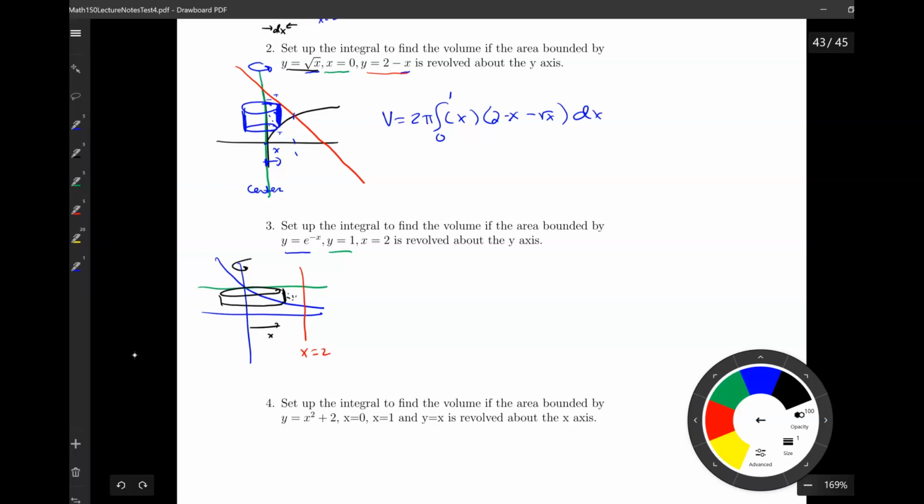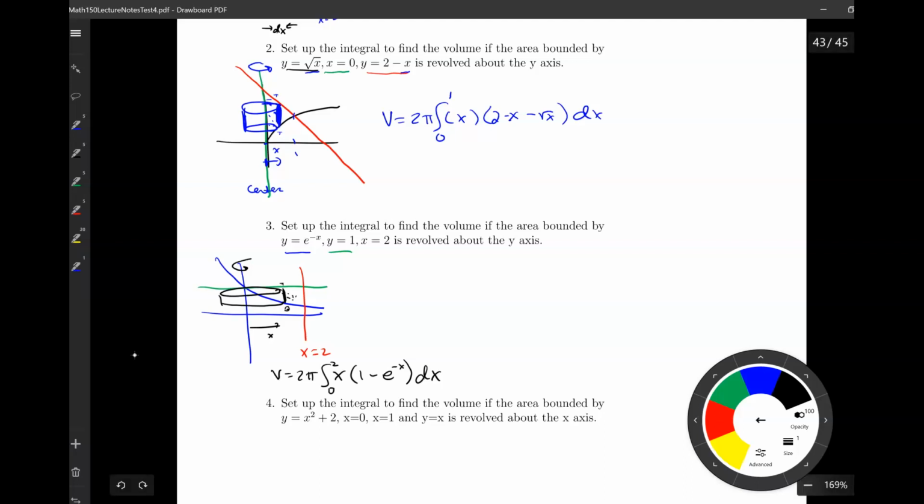Again, I can see the radius will be x, so the volume will be 2 pi x, and then the height of my rectangle will be top subtract bottom. So the top function is y equals 1, subtract the bottom, which is e to the negative x, dx. And I'm building the rectangles from x equals 0 to x equals 2.